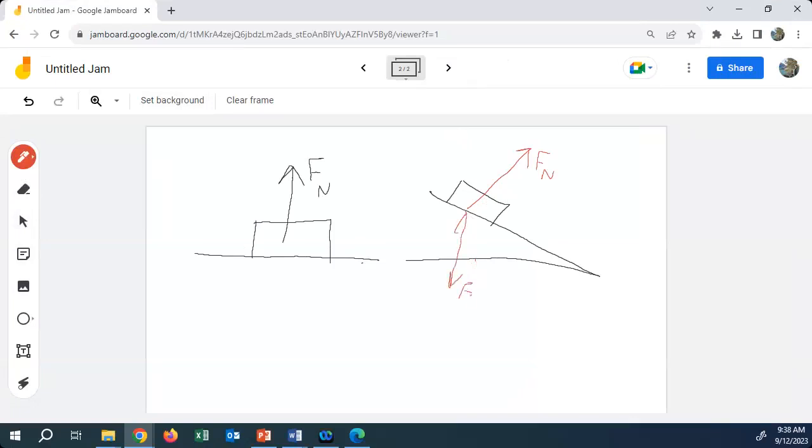Good. And if we have friction, what would be the direction of friction? If the car is moving down, the friction would be in the opposite direction. So if I draw this, the friction will be, if it's moving down. Good? This is a normal force.